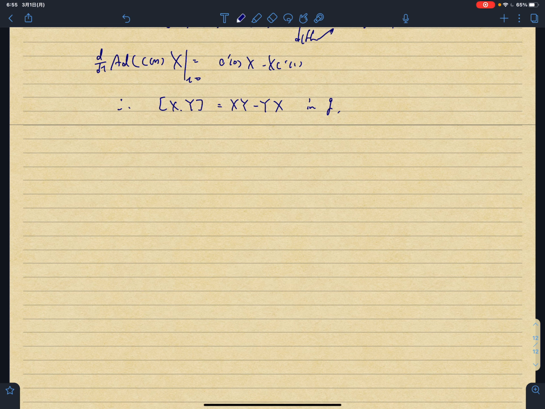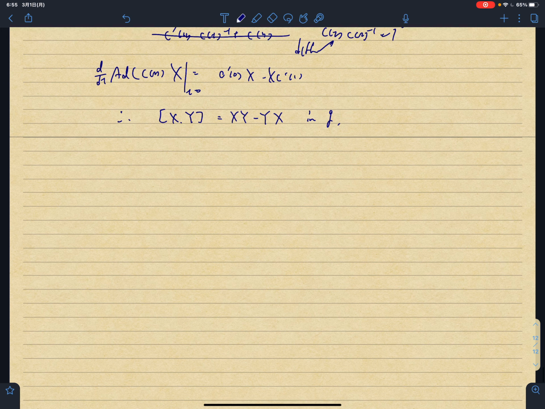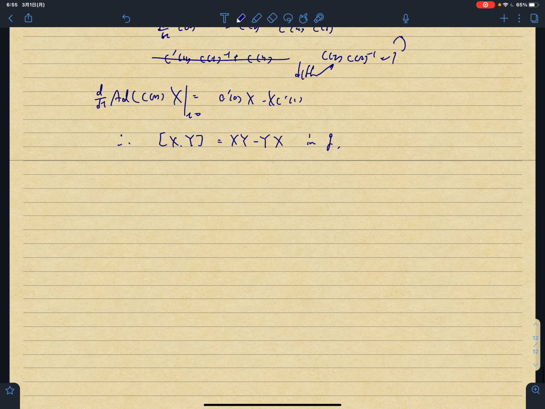The Lie bracket operation is linear in its arguments, and the bracket of x with x equals 0 for x in z. Hence xy minus yx.